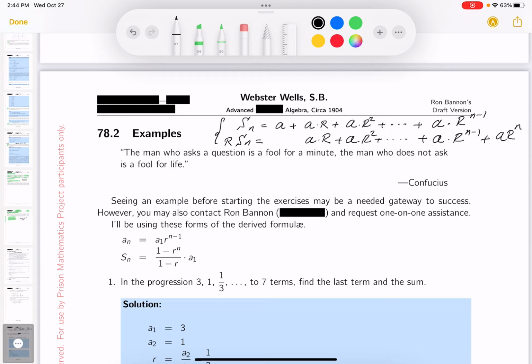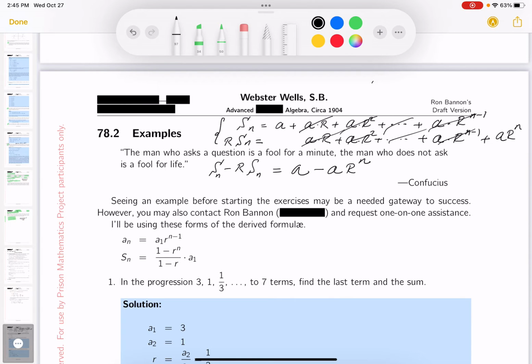So it's going to be, let's see, S_n minus R S_n. Whoops, sorry, I put the n there. I would get A. And these guys all disappear. Everything disappears except for A, and then take away A R to the n.